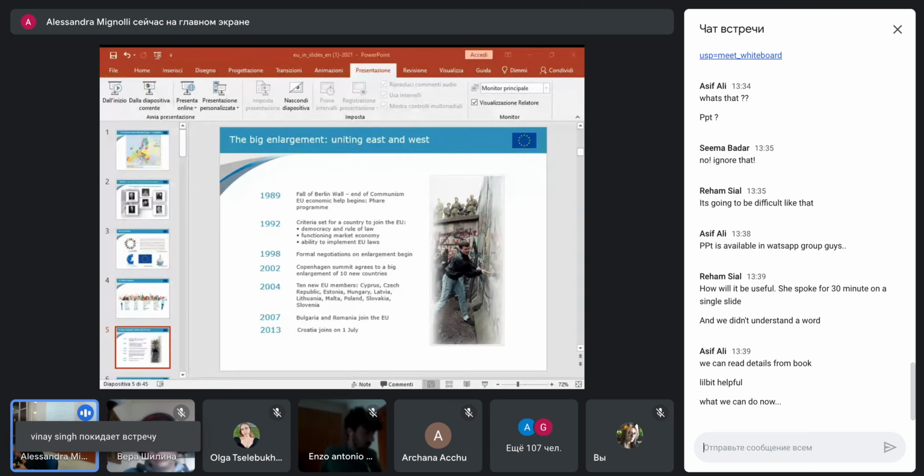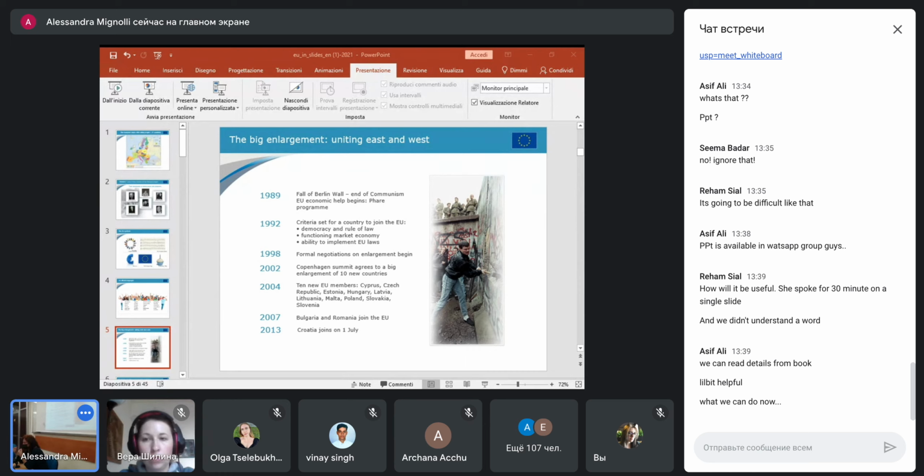So it has to be able to implement EU laws, which means that it has to accept all the so-called acquis communautaire, which means what has been acquired previously in terms of EU legislation, principles, legal principles and judicial decisions and so on, the acquis. It has to acquire everything inside its own system, and it has to be able to implement that, so to follow those rules fully.